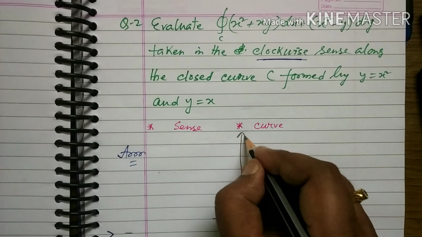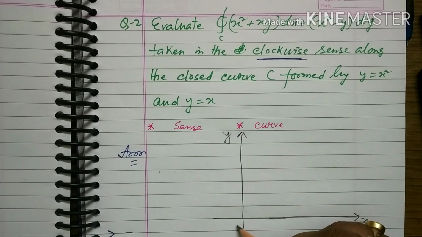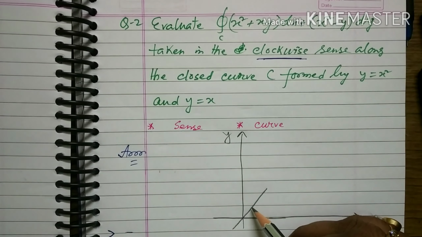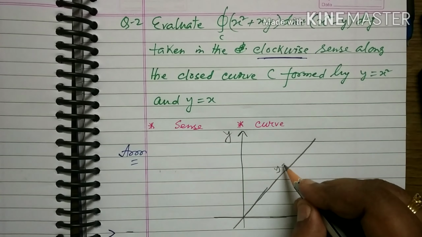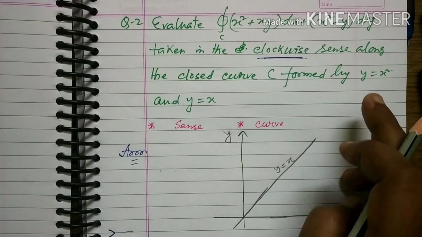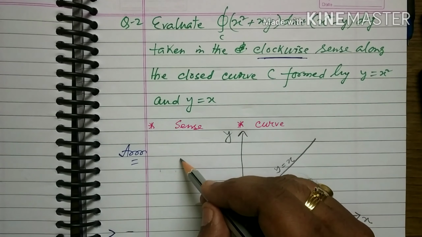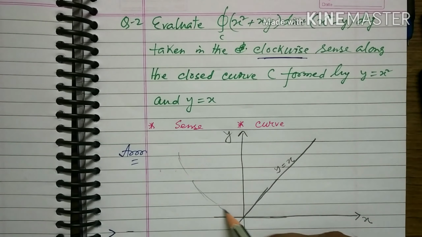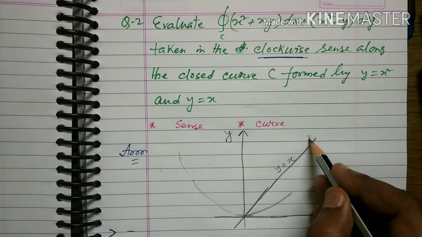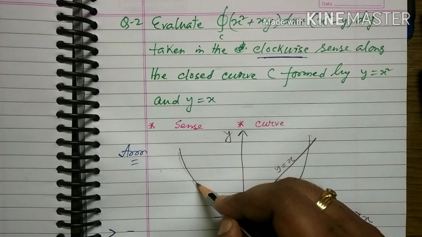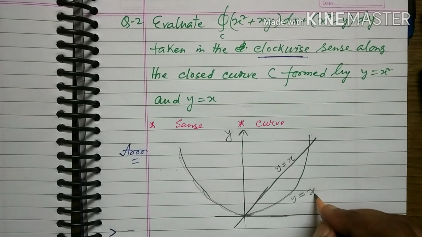This is x, this is y, you have y equals x. Another, you have y equals x square, which means a parabola.